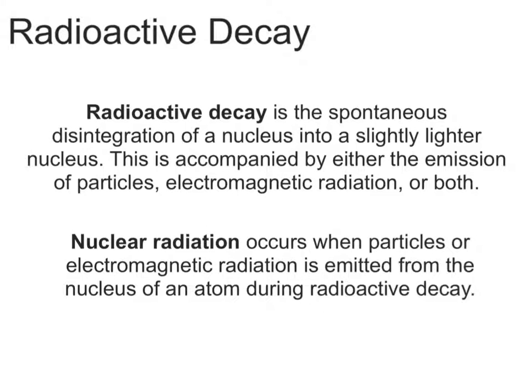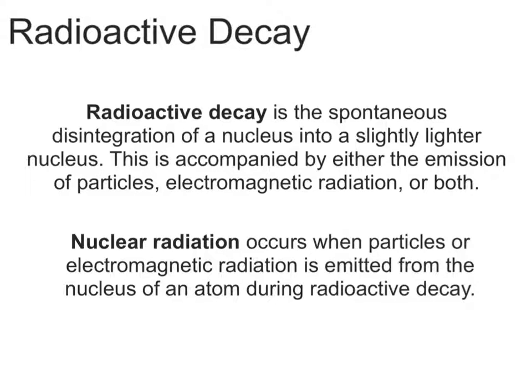This process that occurs where we create a new element because a nucleus is disintegrating is called radioactive decay. It is spontaneous, which means it just happens naturally on its own. And it's accompanied by either the emission of particles like neutrons or electrons, or electromagnetic radiation like gamma radiation, or both.